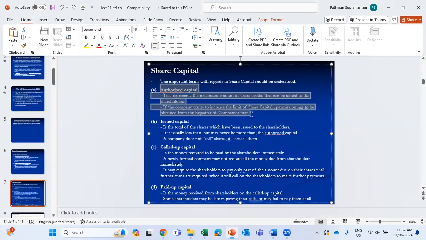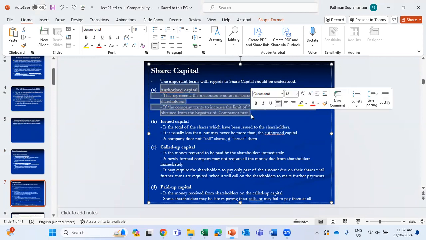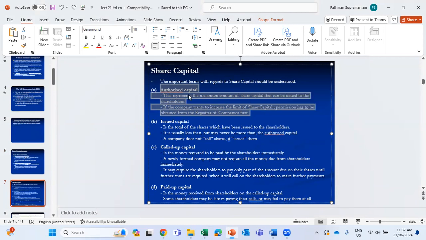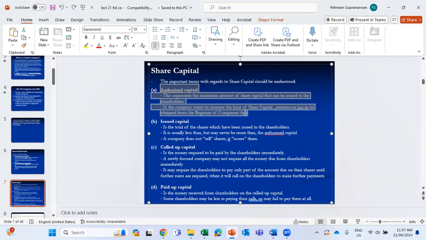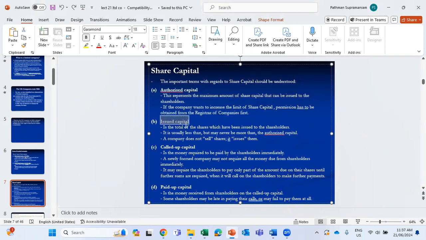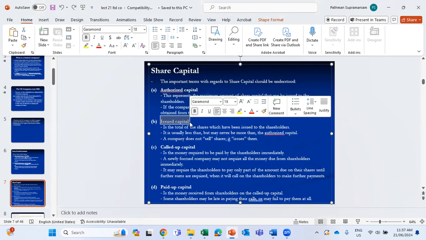So later when the company asks people to put in capital, the total capital cannot exceed authorized share capital. Now, what if the company wants to ask people to contribute more than the authorized capital amount? Can, but must ask permission to raise the limit. Okay. So there's no double entry for authorized share capital. It's just information. Okay, issued share capital. This is where issued share capital means that's the actual amount of capital that the shareholders have contributed.